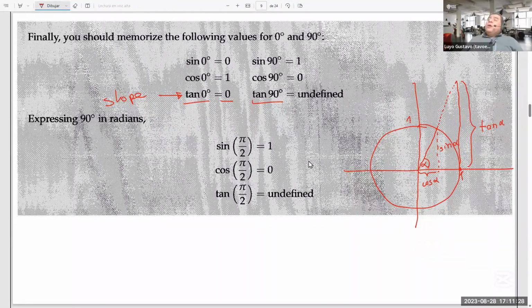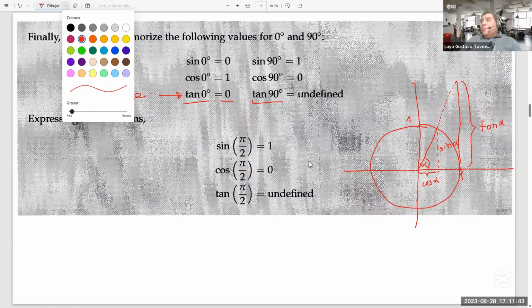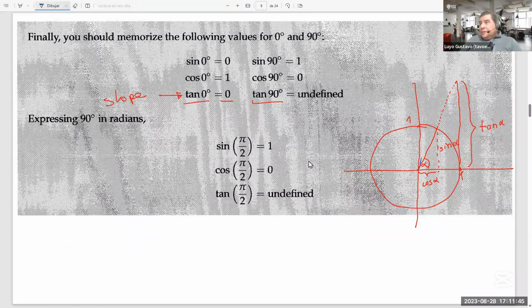So what's going on? Well, the greater the angle, with this value of alpha, which is about like 60 degrees, look how big the tangent is. If you make this angle open up wider upwards, look that the prolongation of this will intersect this tangent line very up, very high in the positive direction vertically.